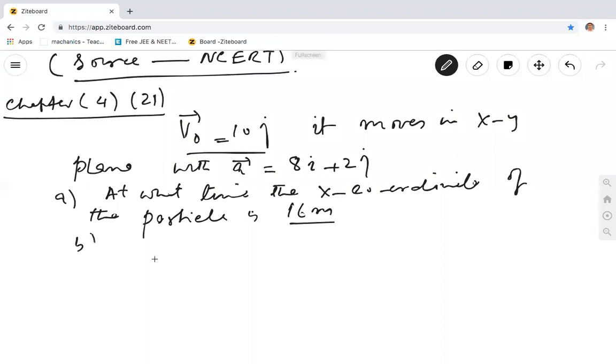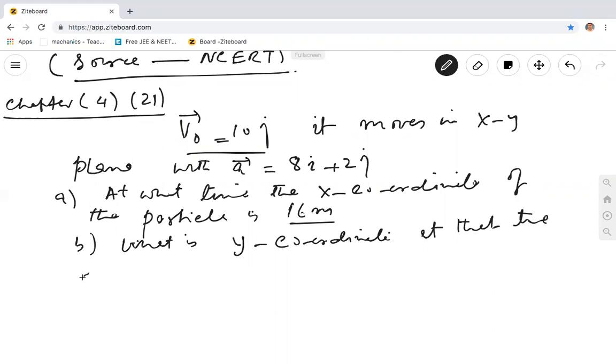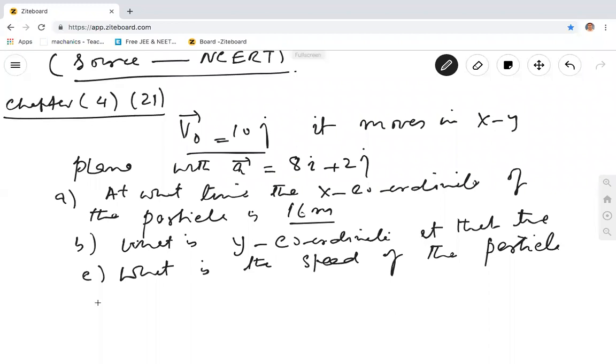B, he asked: what is the y coordinate at that time? C part: what is the speed of the particle at that time?